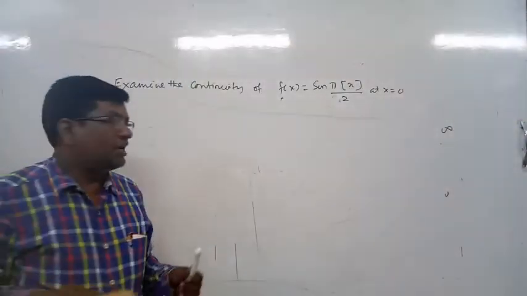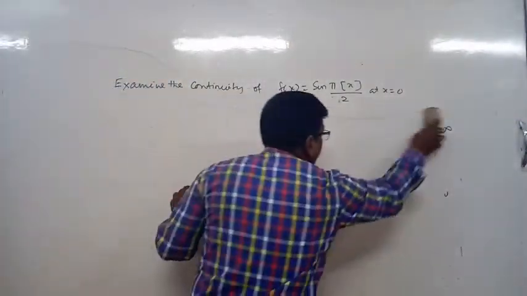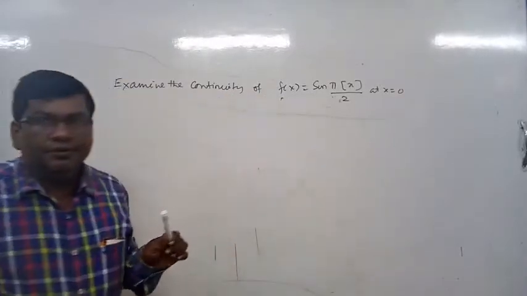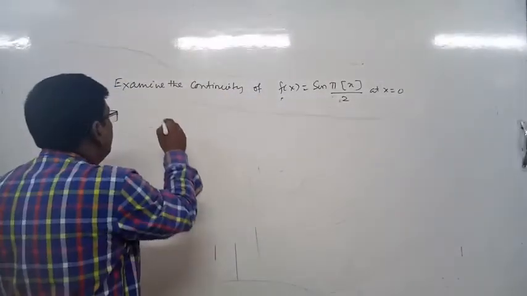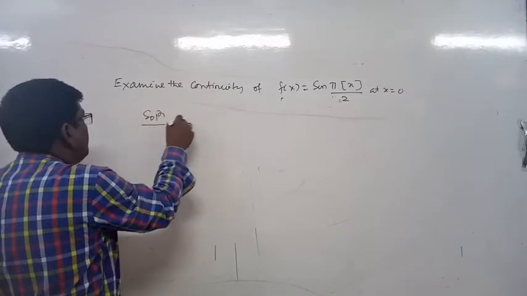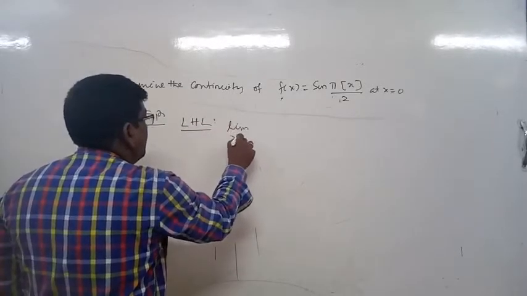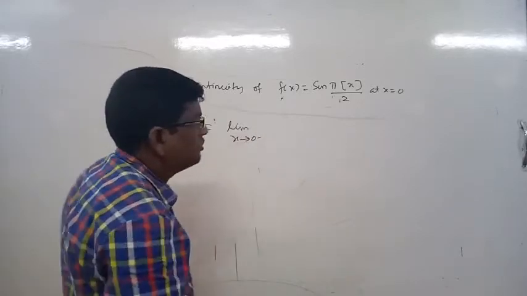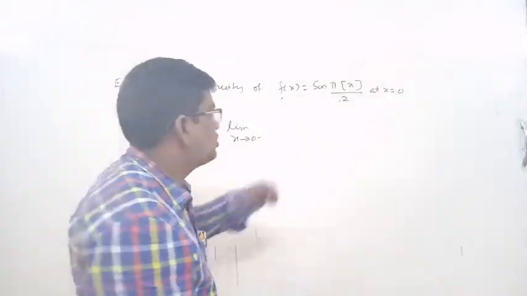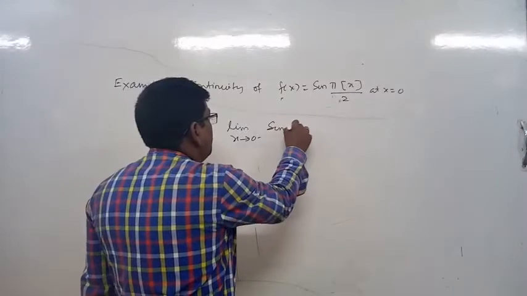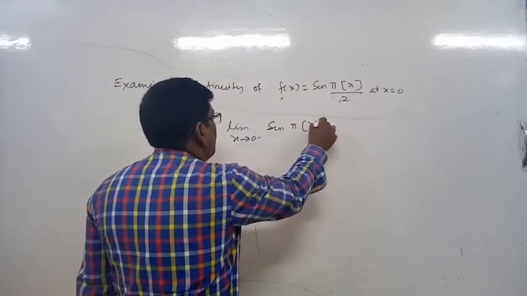Here it is a bracket x function, so take LHL and RHL both. Solution, LHL: limit x tends to 0 minus of sin pi into bracket x by 2.